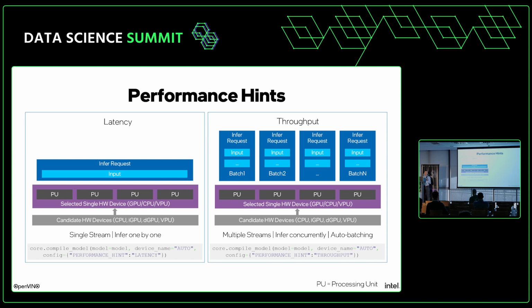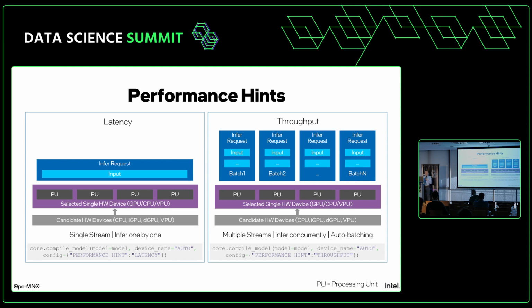You just need to provide additional config that performance hint equals latency, and it will mean that you care about latency. What if you care about throughput? Almost the same. AUTO will select the best device from the candidate list, create multiple streams, infer concurrently with optional auto batching, and the same like in latency, you just need to provide additional config.